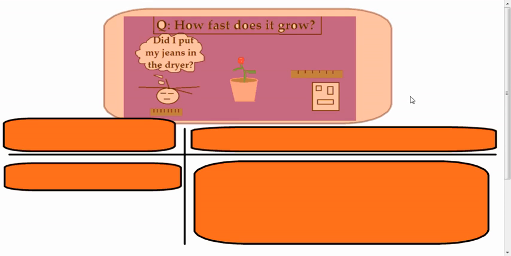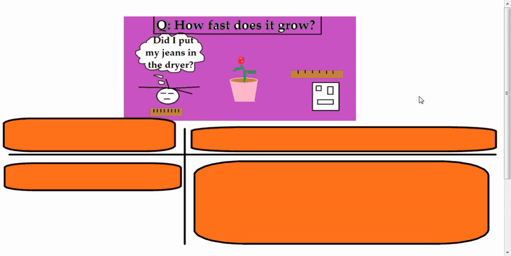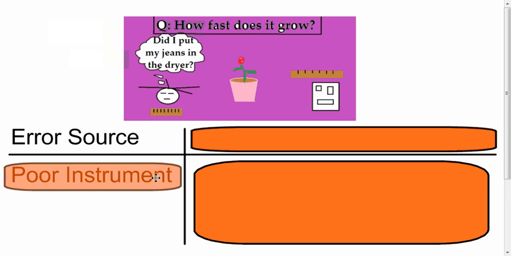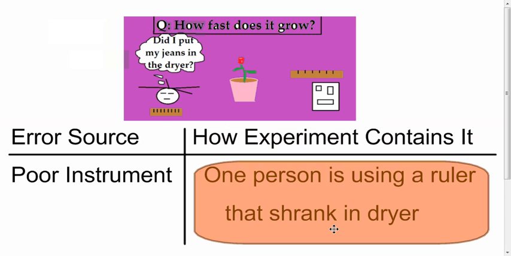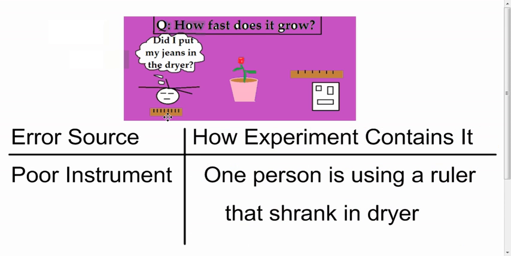Now, one last source of error could be the instruments that you're using to study something. We all know when you put things in the dryer, they tend to shrink. So here, he's using a poor instrument because the ruler that he's trying to use has actually shrunk.